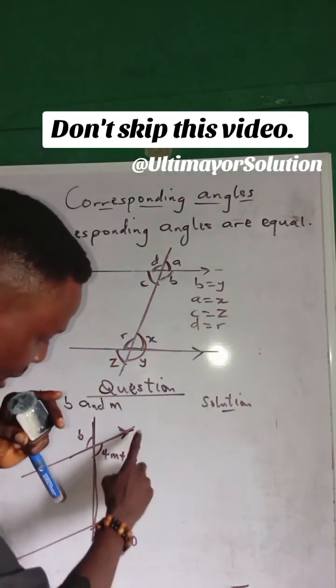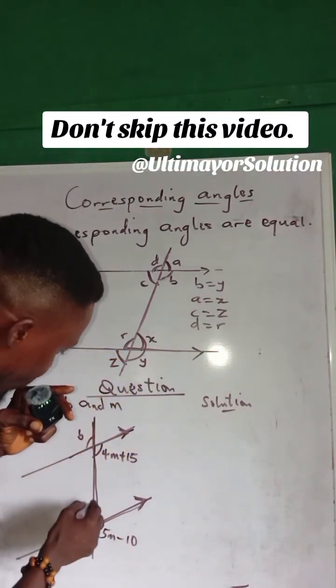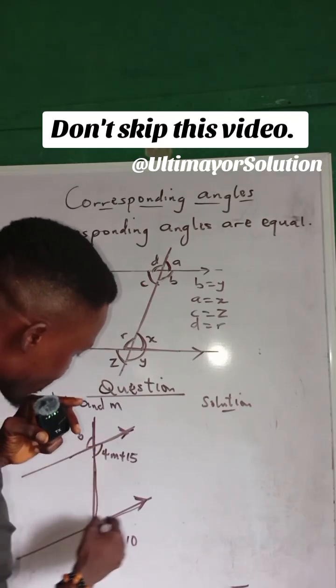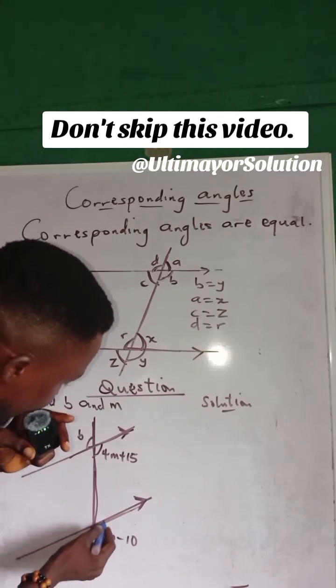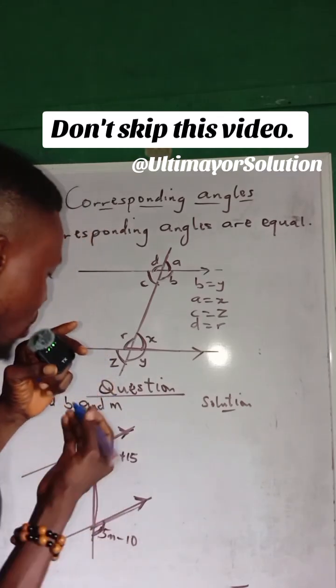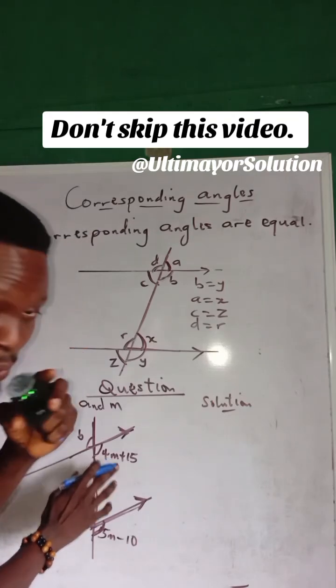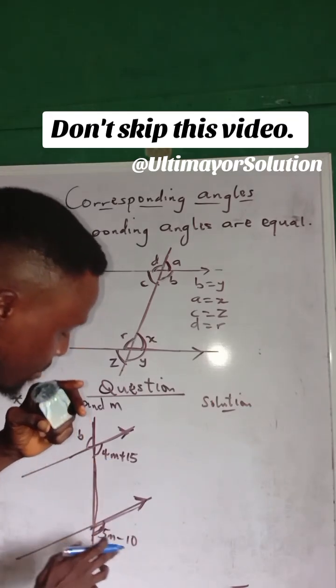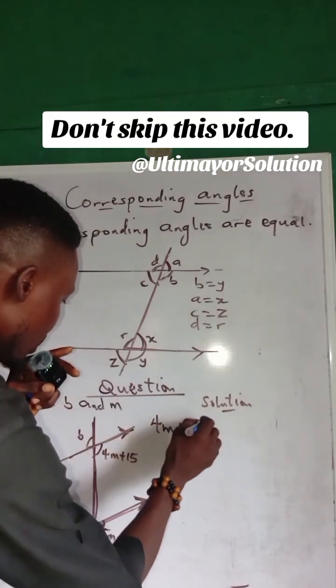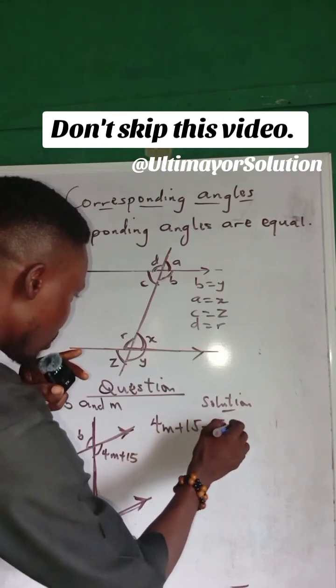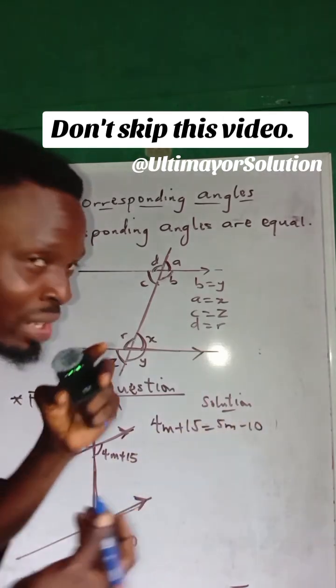So we just see letter F now. Please, letter F. That's how you recognize it. Now the angle under this line and the angle under this line are equal. So I will equate this 4M plus 15 and this 5M minus 10. Now 4M plus 15 is equal to 5M minus 10, corresponding angles.